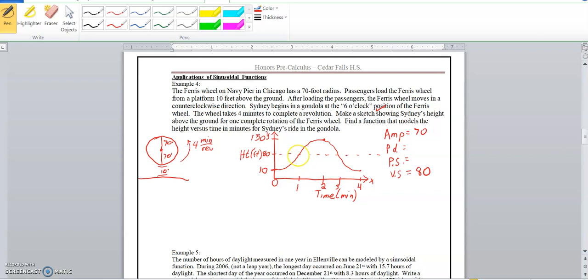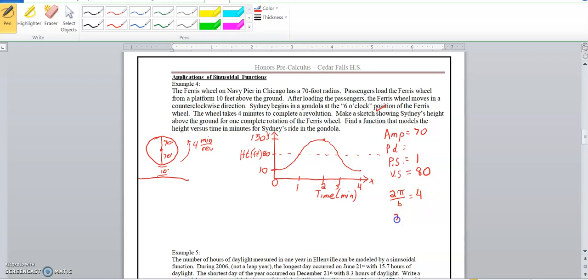Our phase shift, again, we've chosen sine curve, so that means that our graph should start on the y-axis at 0, 0. We've accounted for the 80, but we've also shifted to the right by 1 minute, so our phase shift is 1. The period in this case, period is always 2 pi over b. In this case, that period is 4 minutes.